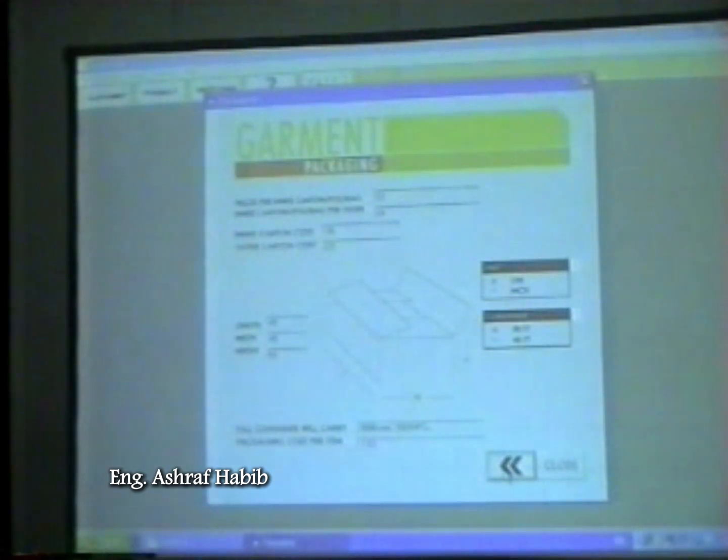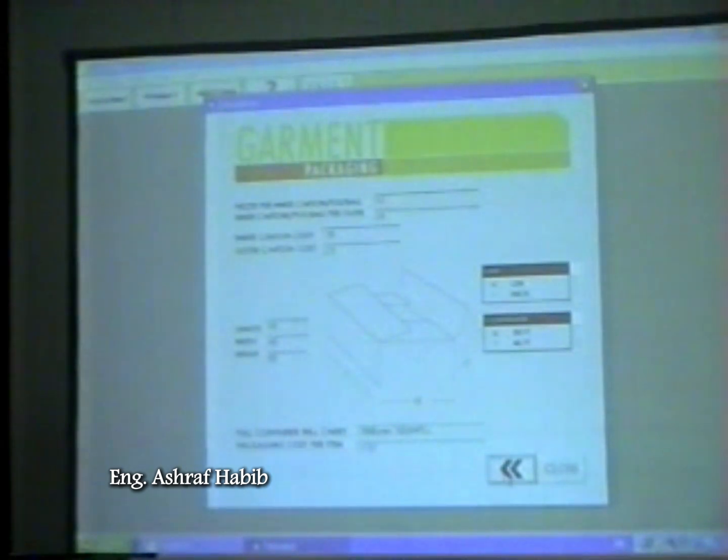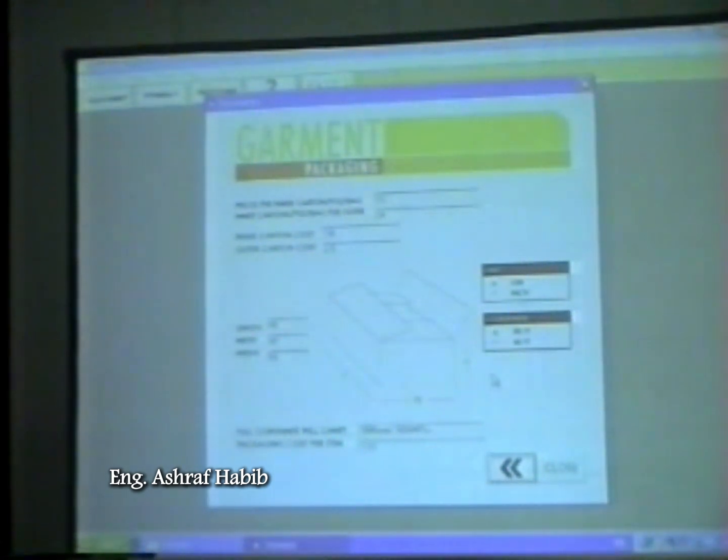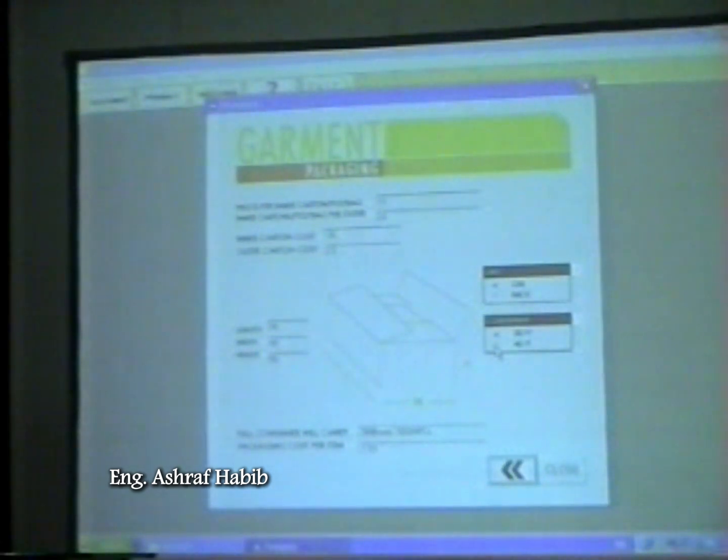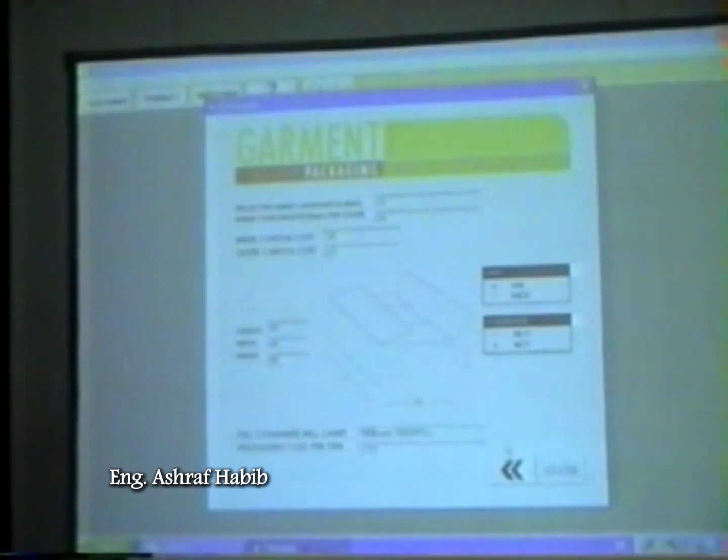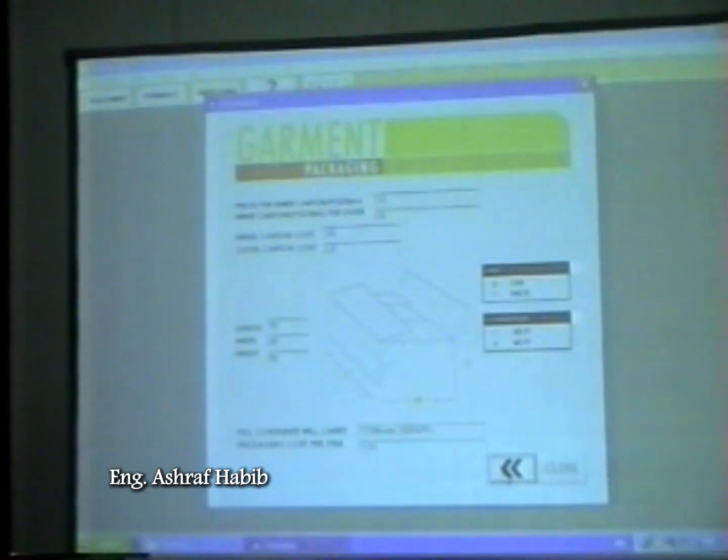Of course, these numbers are not very important. And the packaging cost per item is going to be 1.53. Now, we change this to a 40-foot container and we calculate, and we get different numbers. We're going to get 1,134 boxes, 326,000 pieces.